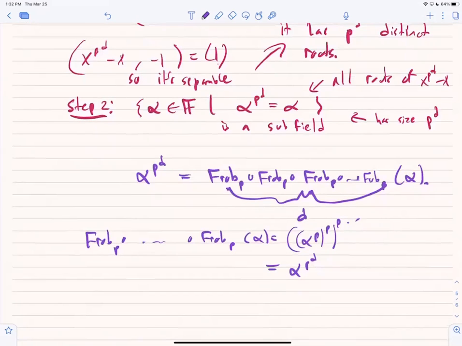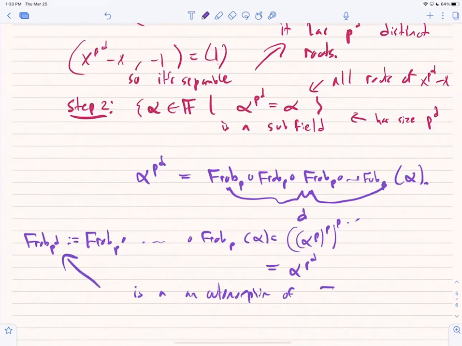So we call this Frob sub p to the d, just this d-fold composition. It's the map that sends alpha to alpha to the p to the d. But this is a field automorphism, so it is an automorphism of F. If you start with one automorphism and compose it however many times, what you get is still an automorphism.